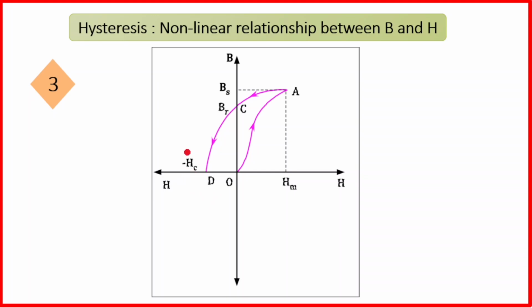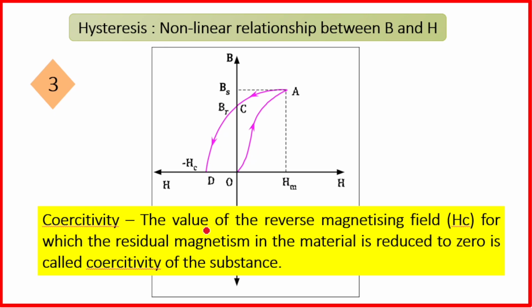So this value of the reverse magnetizing field OD for which the residual magnetism becomes 0 is called the coercivity of the substance. So the coercivity is defined as the value of the reverse magnetizing field for which the residual magnetism becomes 0.